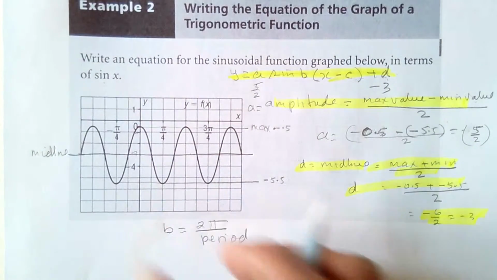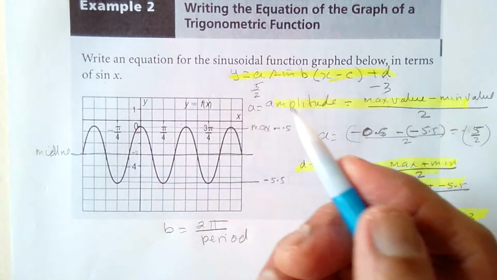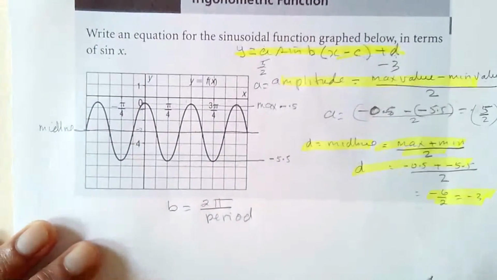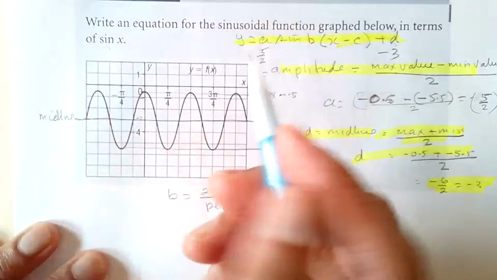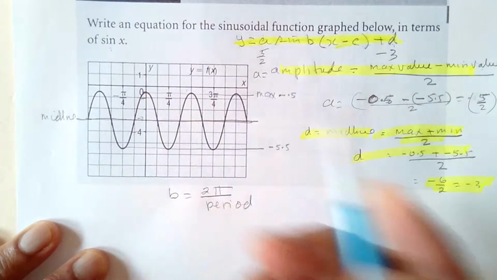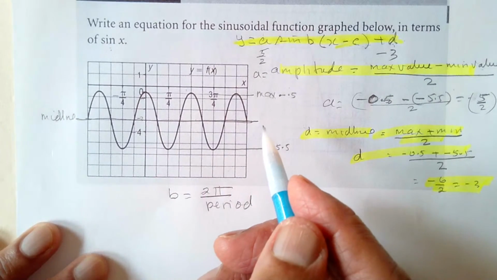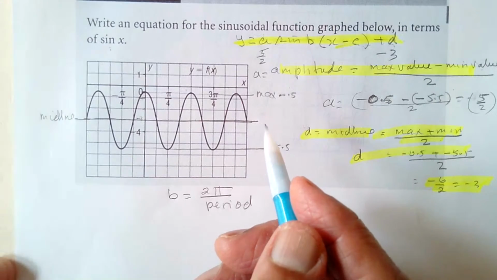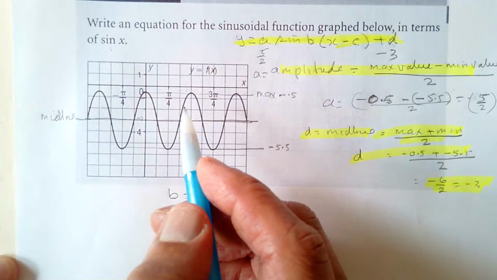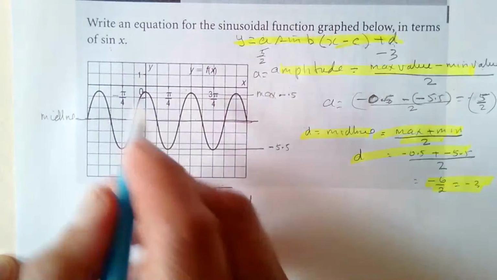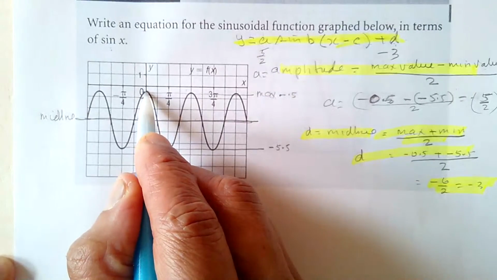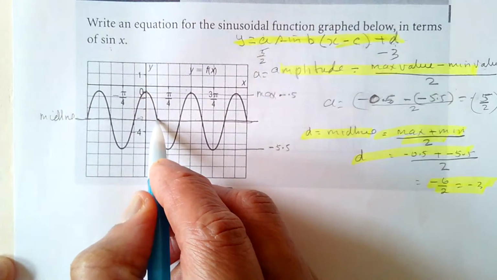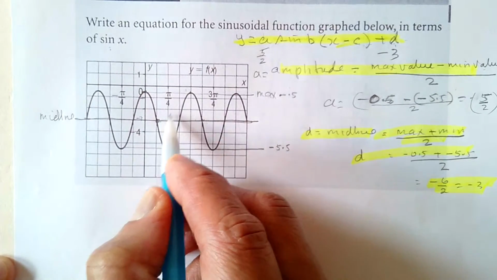So we have to go and find a period. Now we're referring to a sine function here, right? So this is our midline. If we're looking at the sine function, we're looking at a period. The period, we can measure it from maximum to maximum, or midline to midline. This is a complete cycle.